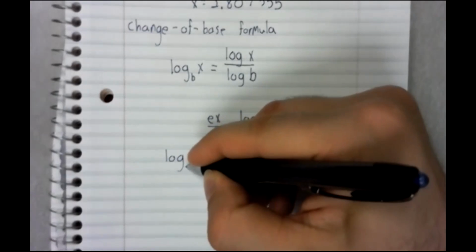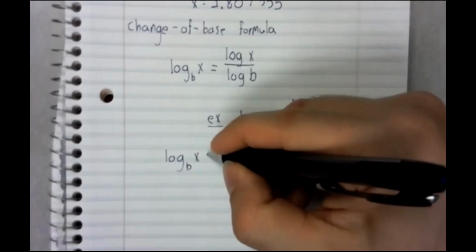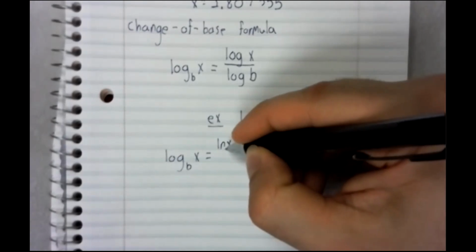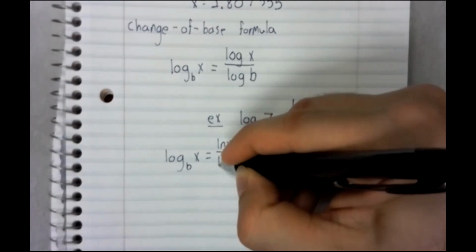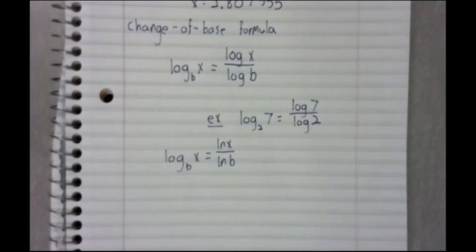The log base b of x is the natural log of x divided by the natural log of b.